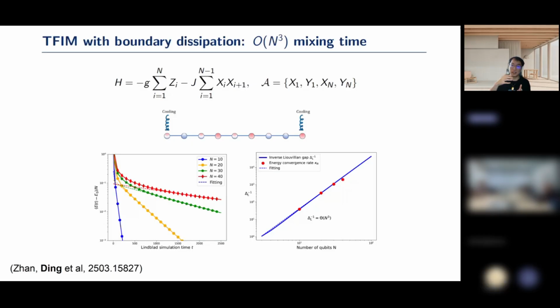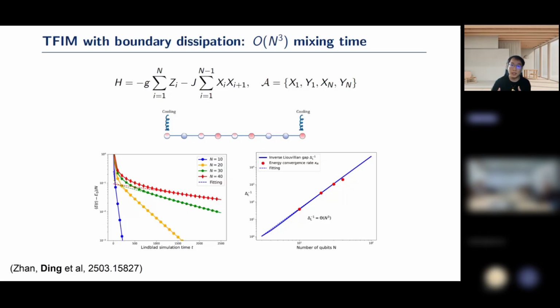The key point of this algorithm framework is that we don't require a good initial state. As long as we have a linear dynamics, you can start from any initial state, and the algorithm can still work. Numerically, we can show that when we increase the number of qubits, the mixing time scales as order n cubed.